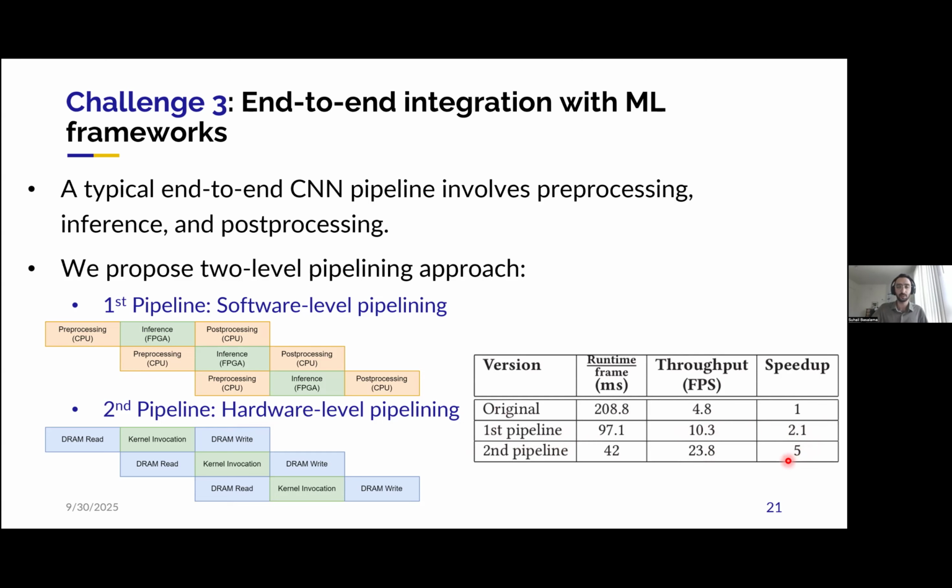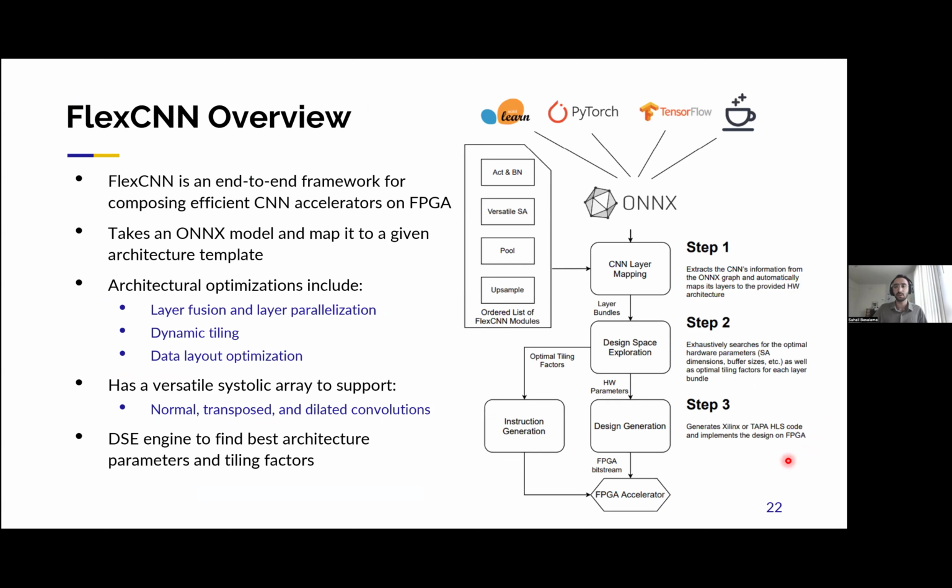And our framework starts with the ONNX format, so multiple CNN models can be converted into ONNX. We start with a template of the modules that will be utilized in the architecture.